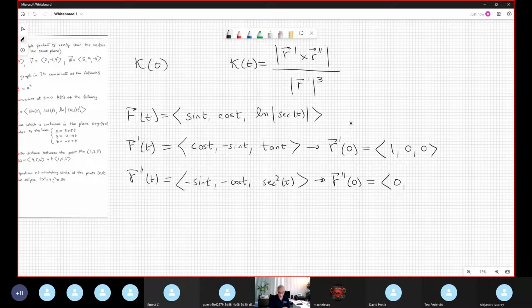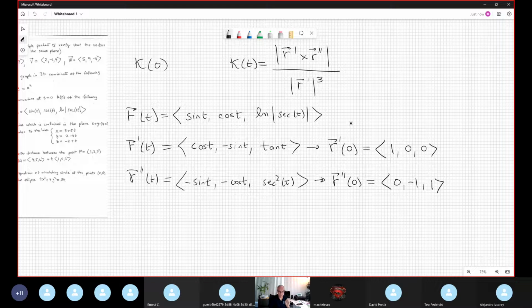And negative 1, and secant 0. Well, secant, remember, is the reciprocal of cosine. Since cosine is 1, 1 squared is 1. So, is it 1 or negative 1? No, it's 1, right? Positive 1.